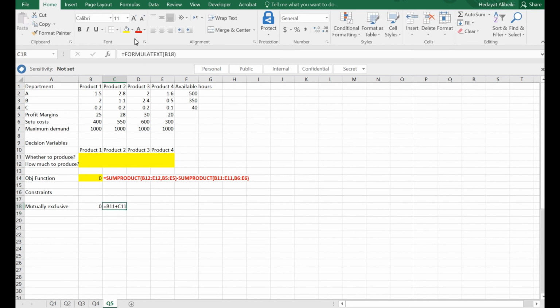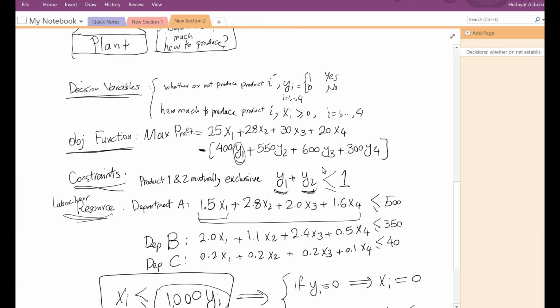Let me just highlight this one, and then we know that y1 plus y2 should be less than or equal to 1, as we had here.